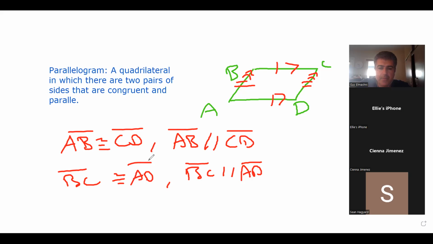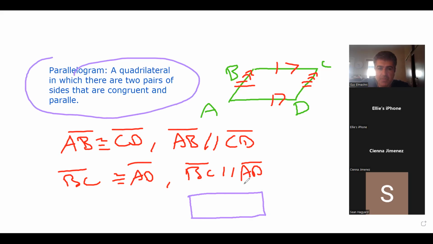Now, could a parallelogram look like this? Like a rectangle? Sure. Why not? As long as it satisfies that definition. Could it be a square where all the sides are the same and you have all right angles? Sure. That satisfies the definition of parallelogram. Could it be a rhombus? A rhombus is kind of like a diamond. All the sides are the same.